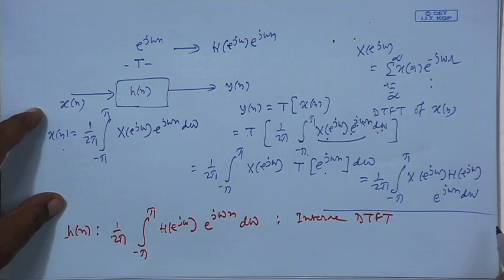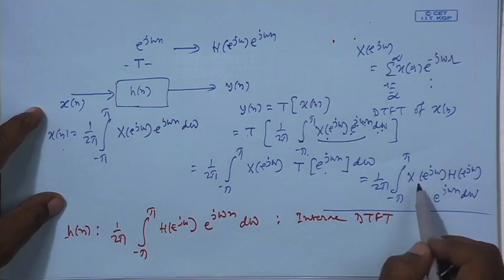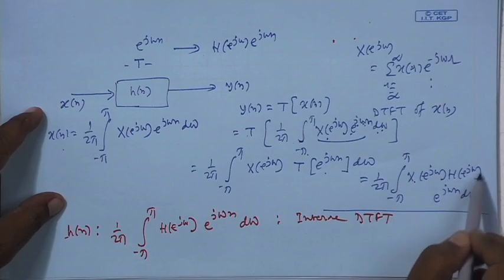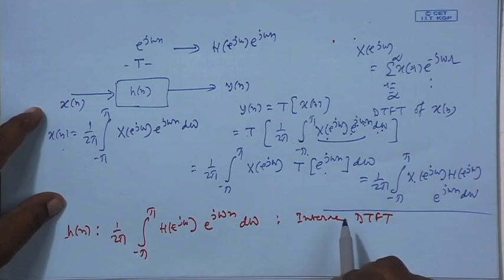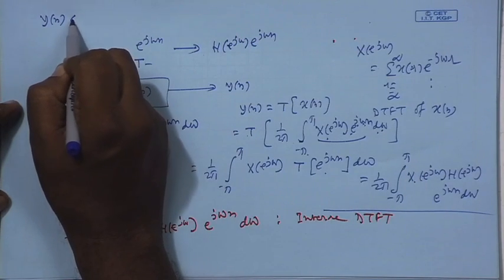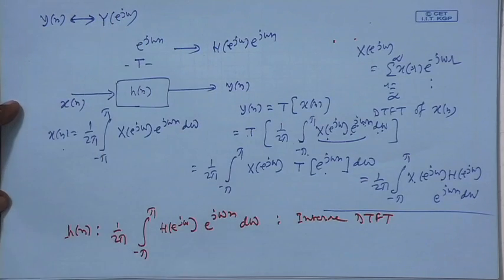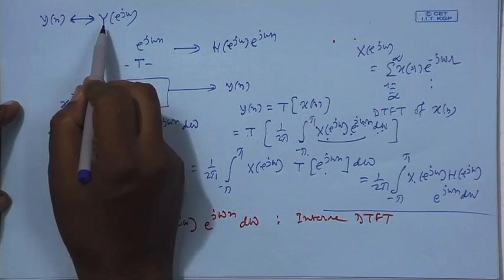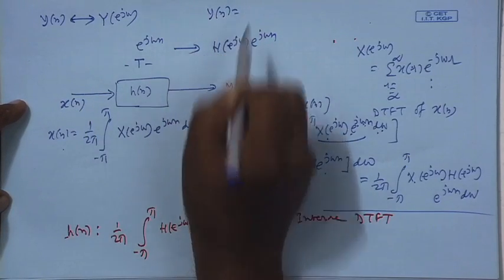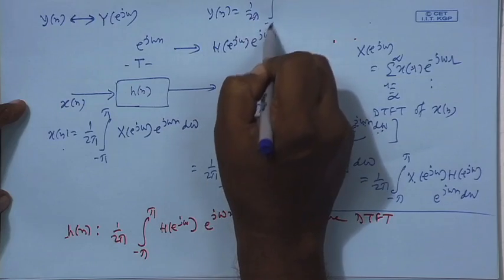So, output you can directly obtain by multiplying the two DTFTs and then carrying out the inverse DTFT of this product. You can also see yn, if it has its own DTFT, then I know what it is, but yn can be represented by again a similar formula, 1 by 2 pi, minus pi to pi.